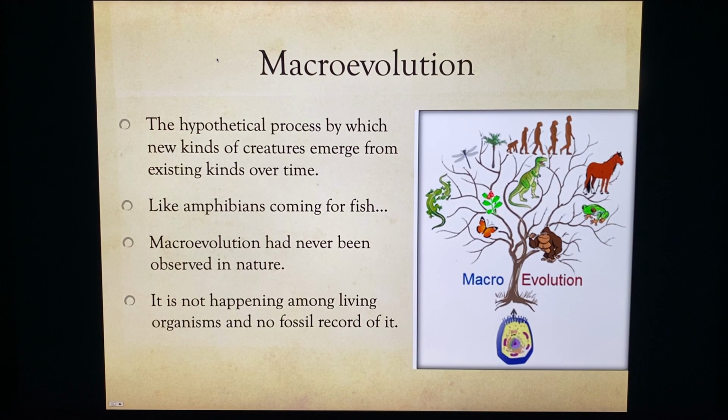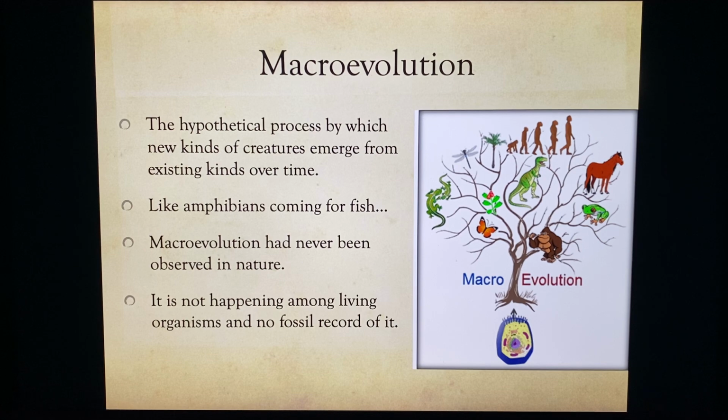Macroevolution. Macroevolution is evolution. The definition would be the hypothetical process by which new kinds of creatures emerge from existing kinds over time. New kinds? Did God say in the Bible anything about new kinds coming from old kinds? I don't think so. This would be an example like amphibians coming from fish.